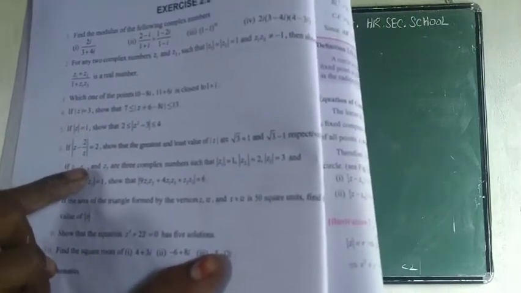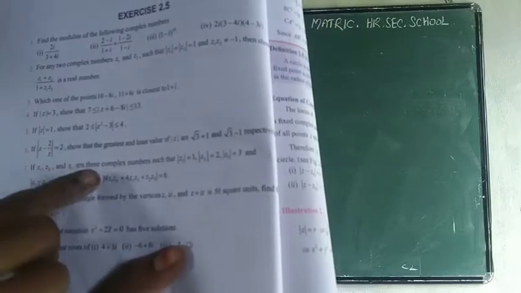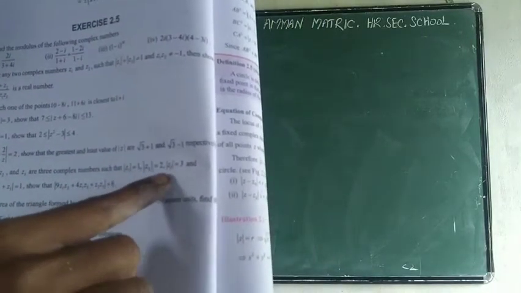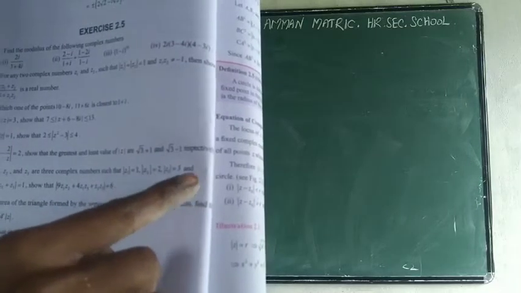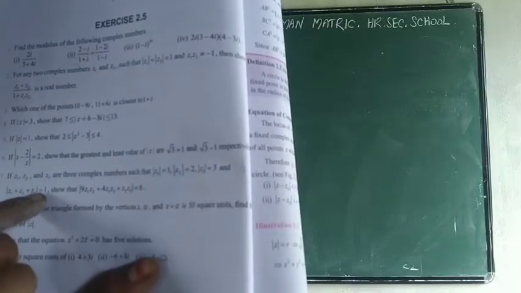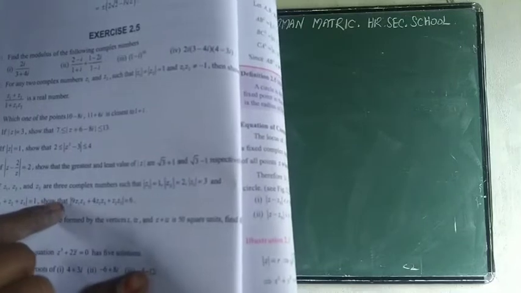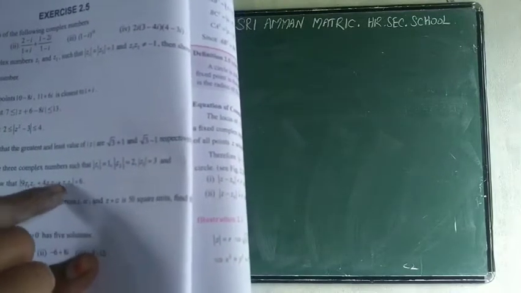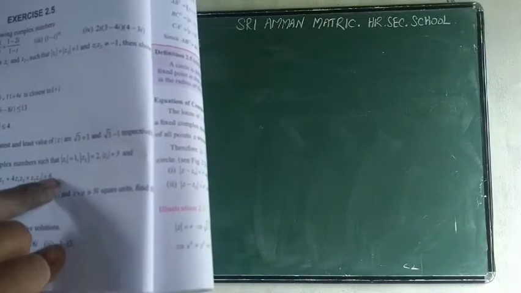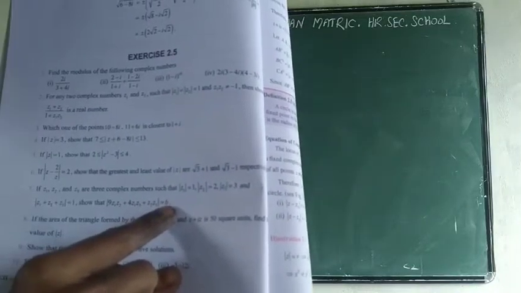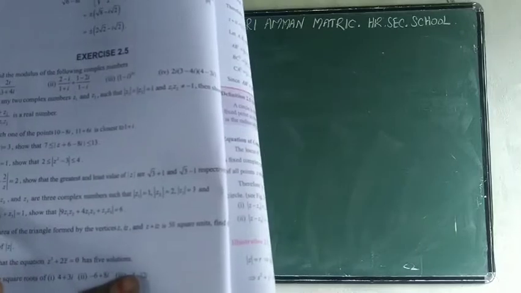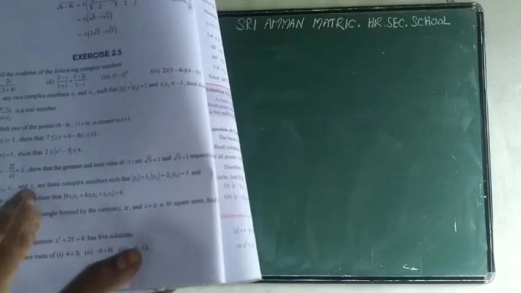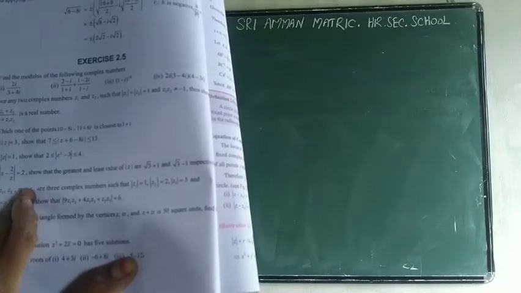See the question, 7th one. If Z1, Z2 and Z3 are 3 complex numbers such that modulus of Z1 equals 1, modulus of Z2 equals 2, modulus of Z3 equals 3 and modulus of Z1 plus Z2 plus Z3 equals 1, then modulus of 9 Z1 Z2 plus 4 Z1 Z3 plus Z2 Z3 equals 6. Okay. So here, what is given? The 3 complex numbers Z1, Z2 and Z3. And then what is the condition?